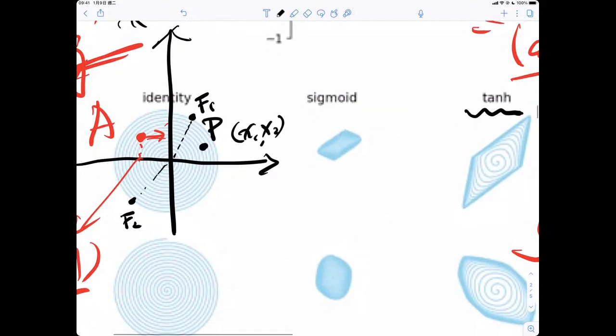So basically, I think it's somewhere right here, F2, at 0, 0. I think we should draw it this way.